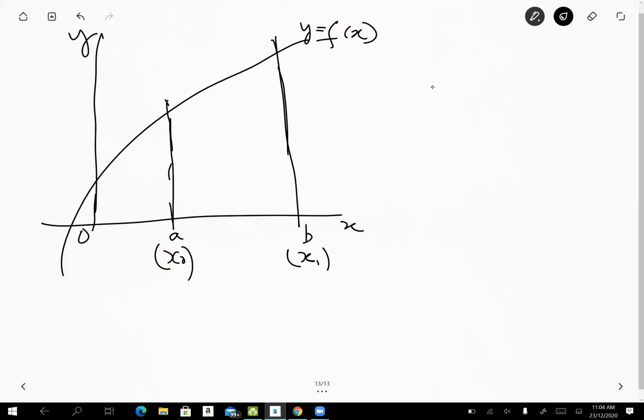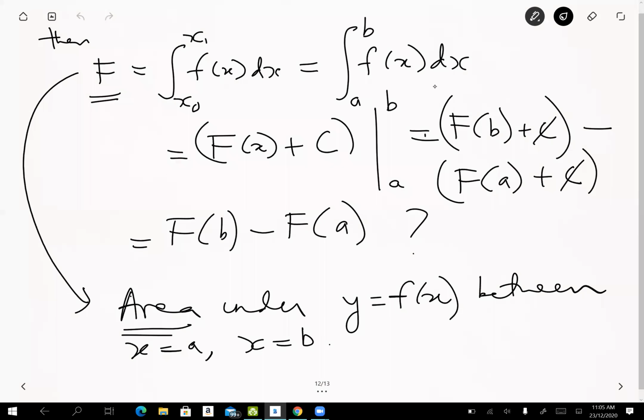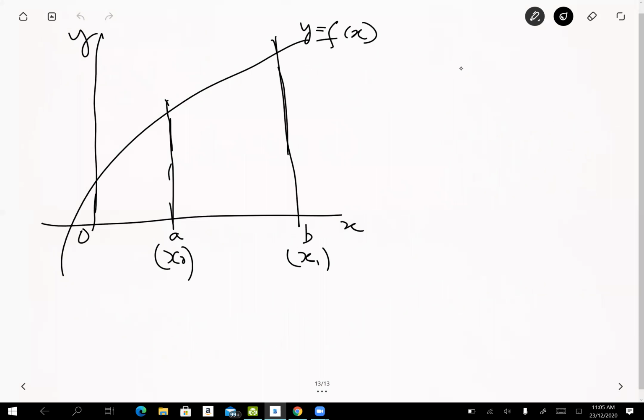So the definite integral F, like what we were doing here, is equal to the value of the integral at b minus the value of the integral at a. And what is this? This is the area under the function between x equal to a and x equal to b.